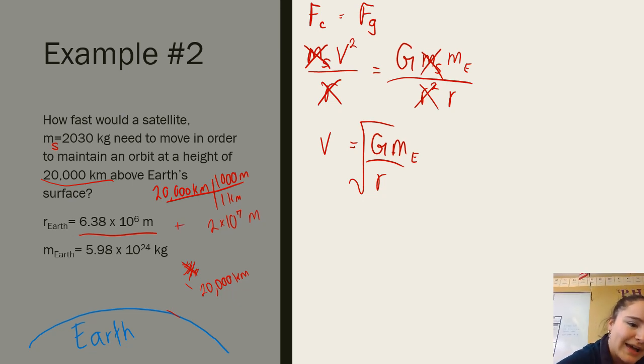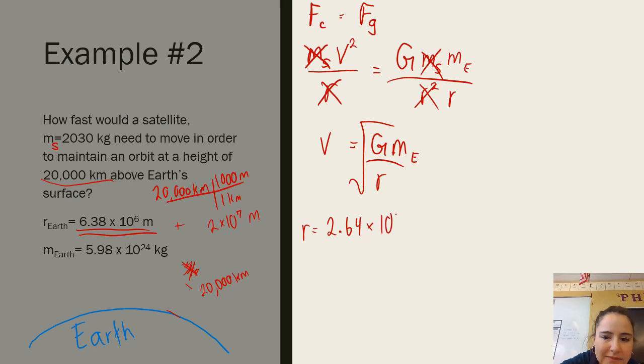And we will have to add that to the radius of the Earth in order to get that actual distance. Okay, so I'm going to add that to 6.38 times 10 to the 6th to get my actual distance, which is 2.64 times 10 to the 7th meters. And again, the reason that I had to add that is because we measure from center to center, and this was just the height above our surface, which is not the same as the distance between those two objects.